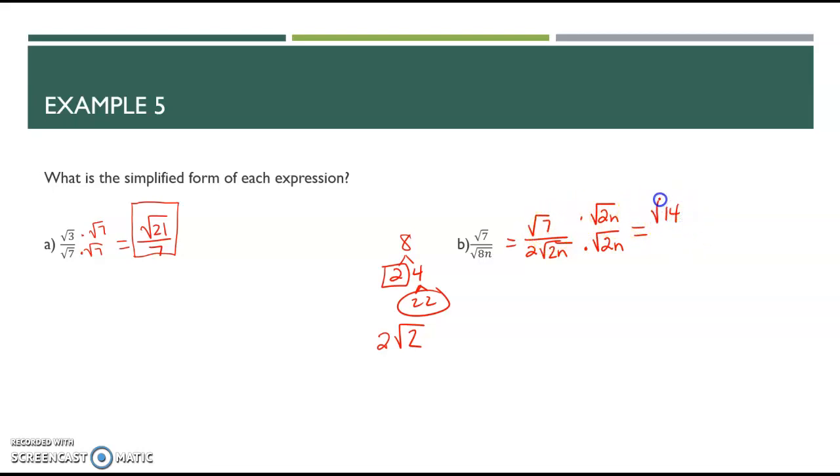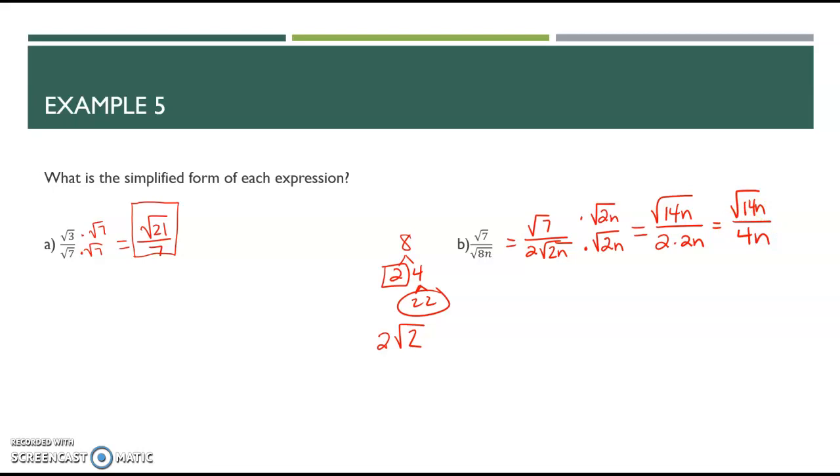So we have the square root of 14n over, we had our 2 on the outside, and then the square root of 2n times the square root of 2n is 2n. And so as we simplify the bottom, we end up with the square root of 14n over 4n. And that's our final answer.